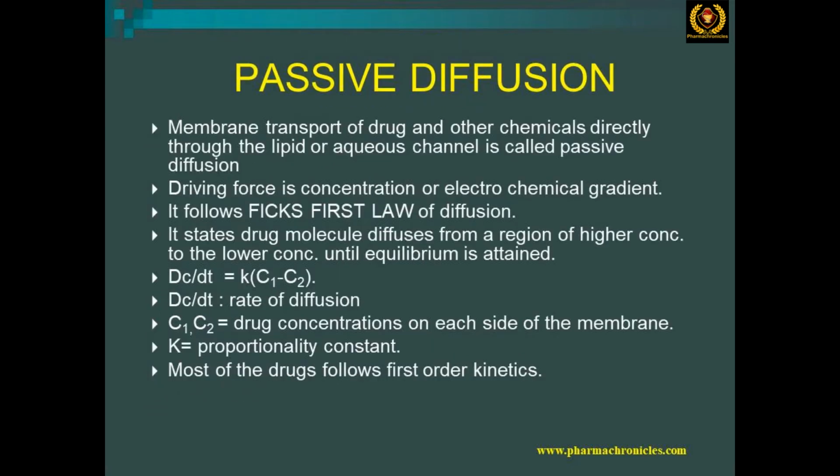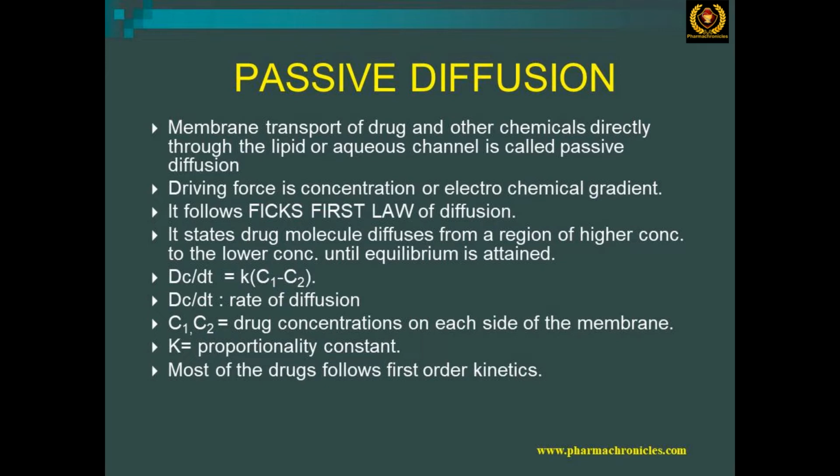Endocytosis. Passive diffusion: membrane transport of drug and other chemicals directly through the lipid or aqueous channel is called passive diffusion. The driving force is the concentration or electrochemical gradient.